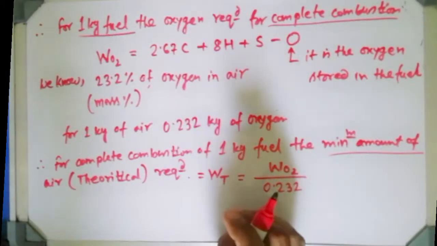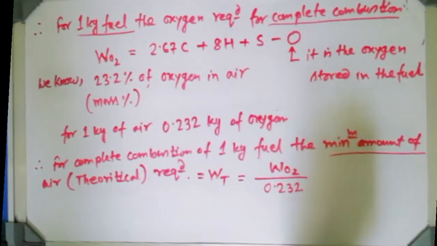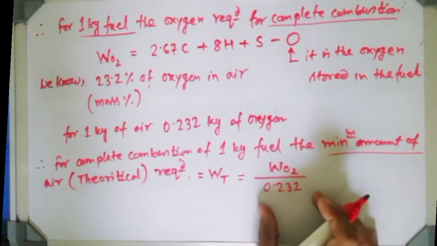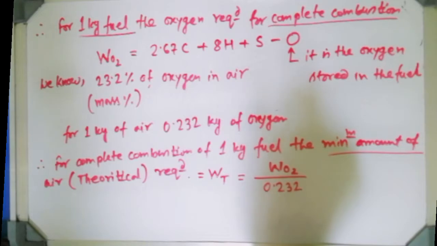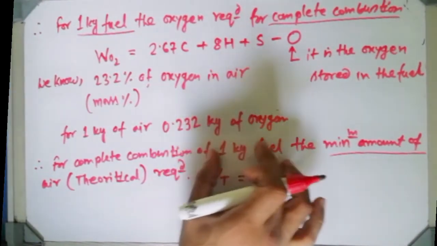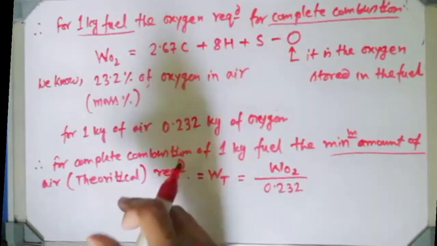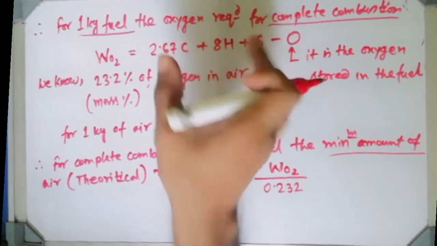If 0.232 kg oxygen we can get from 1 kg of air, then this amount of oxygen we can get from this amount of air. So this gives you the minimum or theoretical amount of air we require.